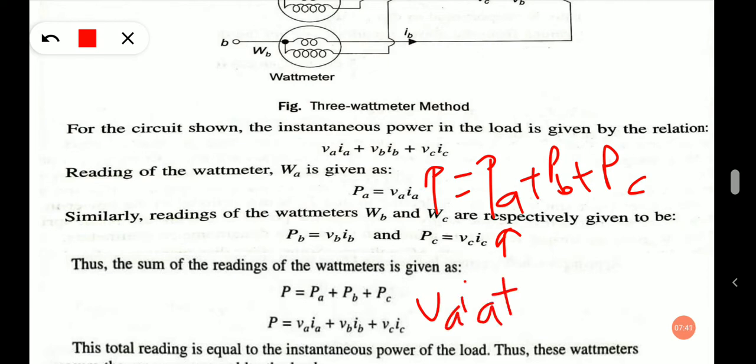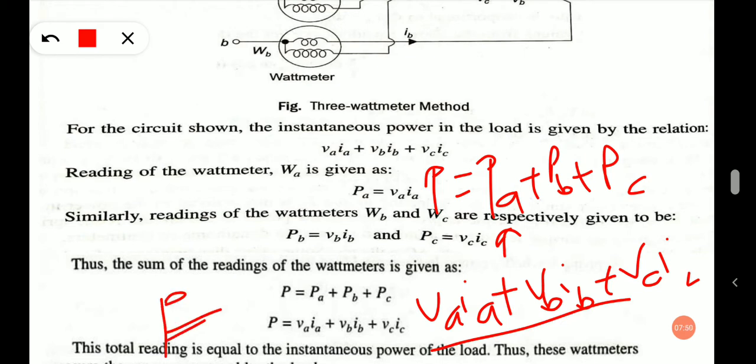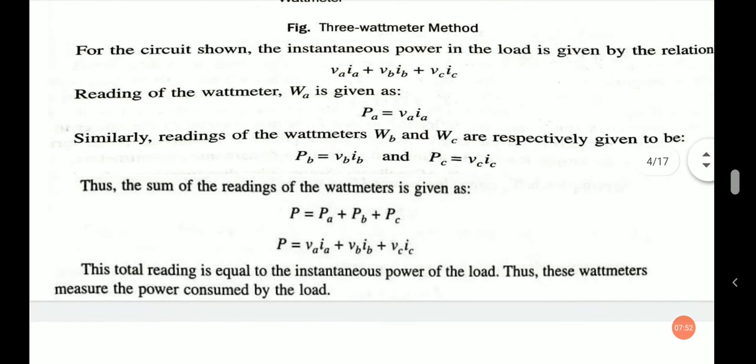Similarly, for PB we can write VBIB, and for PC it is VCIC. Okay, it is for total power P. So total reading is equal to instantaneous power of the load. Hence, these wattmeters measure the power consumed by the load.